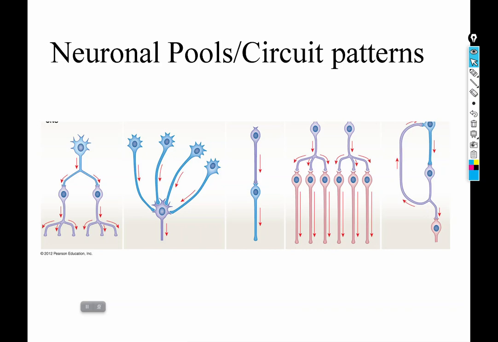So what you're seeing here are models for different ways that neurons can structurally organize their synapses. We've got a variety of different kinds of circuits. And when I talk about circuits, this is another way that neurons and their axons and their connections are similar to consumer electronics.